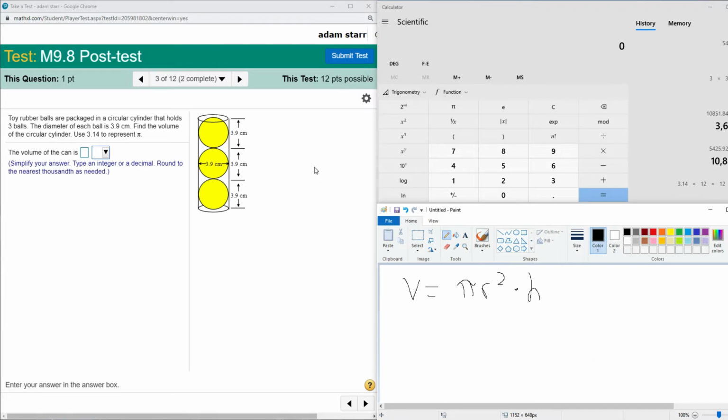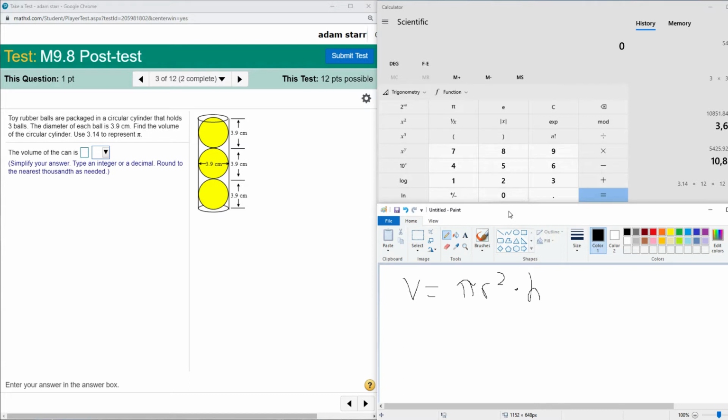Okay, so we're given some information here. Okay, the r here, the radius, is going to be the radius of the cylinder, or the radius of this circle here, which you can think of as these circles as well, of these yellow balls here. So I'm given the diameter here of one of these circular balls.